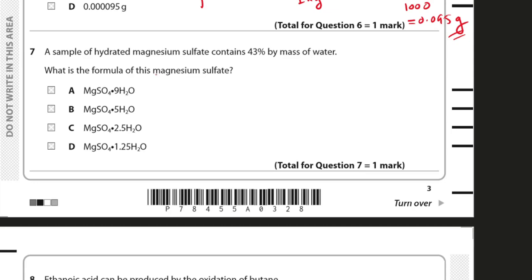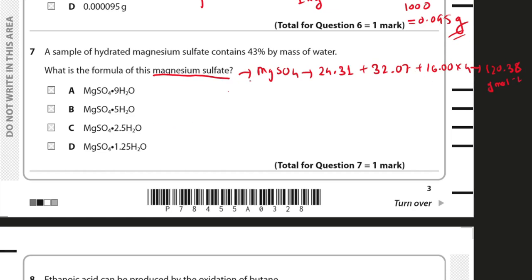At first, let's find the molecular mass of MgSO4, which would be 24.31 plus 32.07 plus 16 times 4. Eventually we'll get a molecular mass of 120.38 grams per mole. So that is the molecular mass of MgSO4.